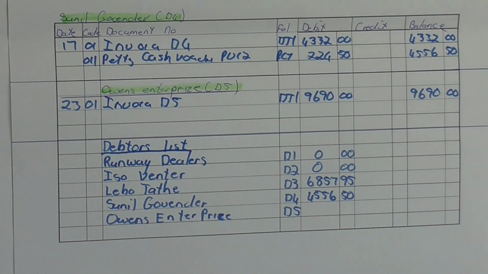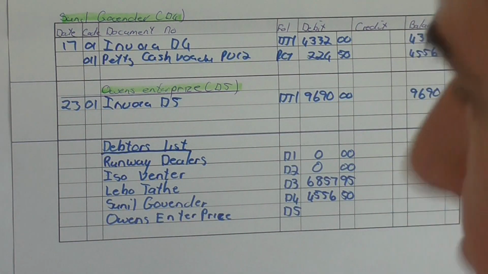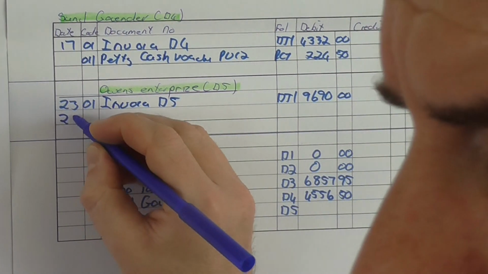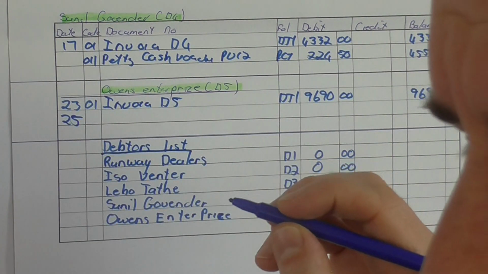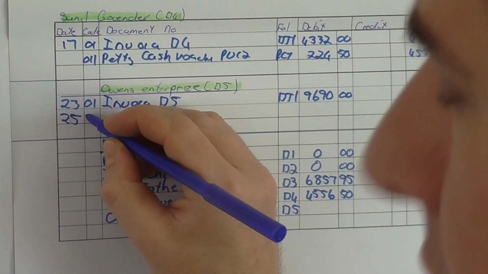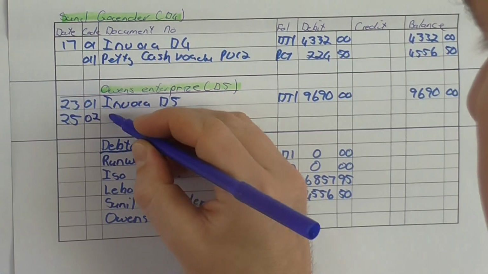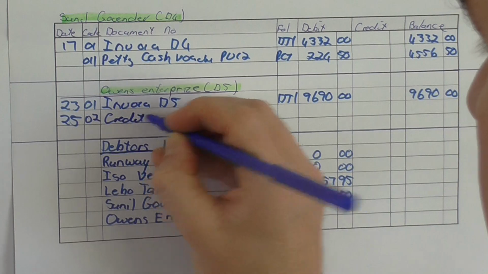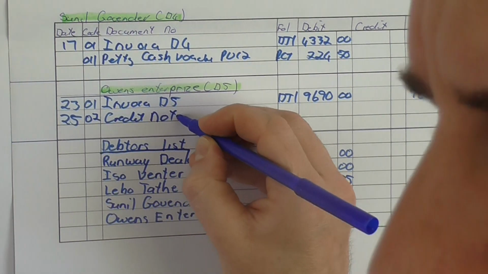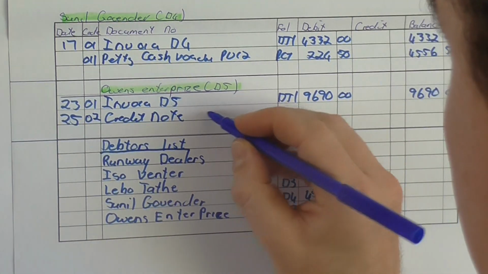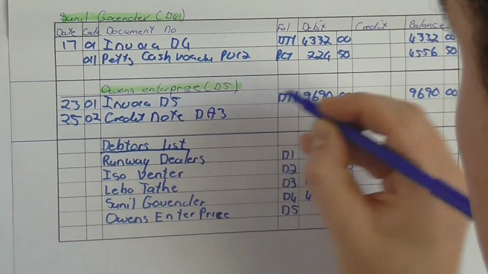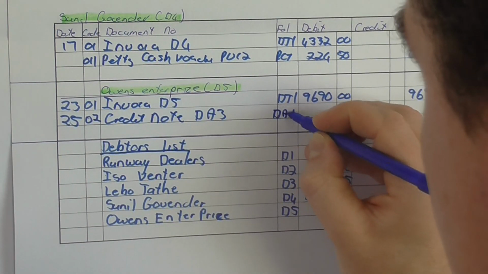Okay. So the date there is the 25th. It's code 02 because he brought something back. Credit note was DA3. That was your debtors allowance journal.